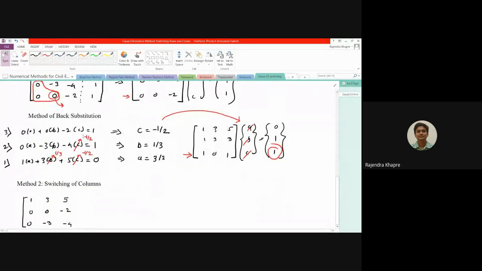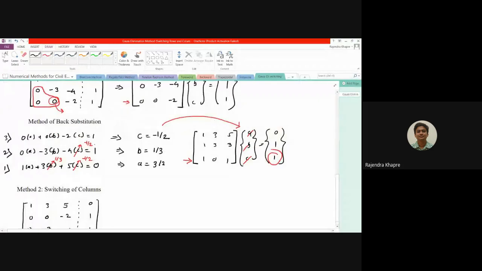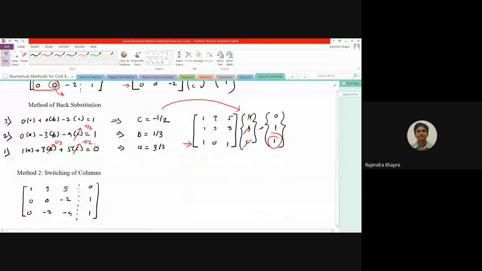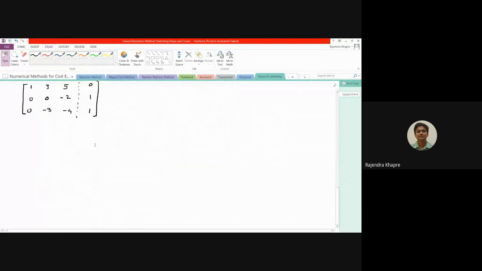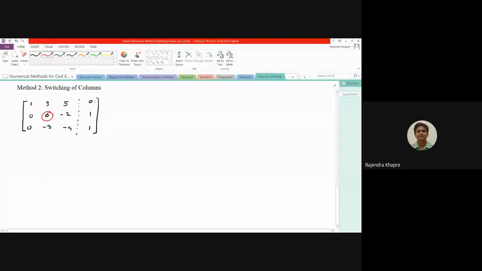And then I'm going to write down the augmented matrix over here: 0 1 1. Am I right? Let me check. Yeah, 0 1 1. Now the problem with this particular matrix is that it has a 0 on the diagonal. In method 1 we changed the rows, but now we will exchange the columns.